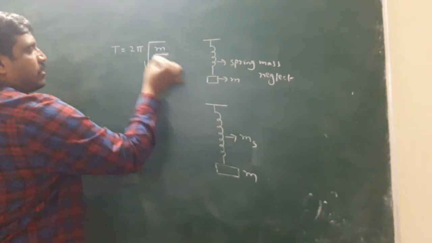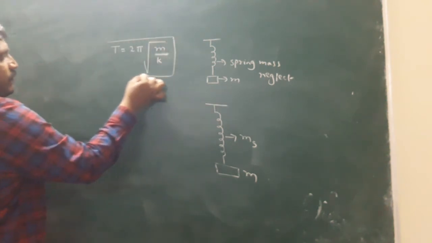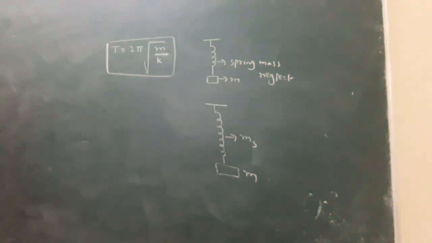When spring mass is neglected, the time period of the loaded spring formula is 2 pi under root M by K.